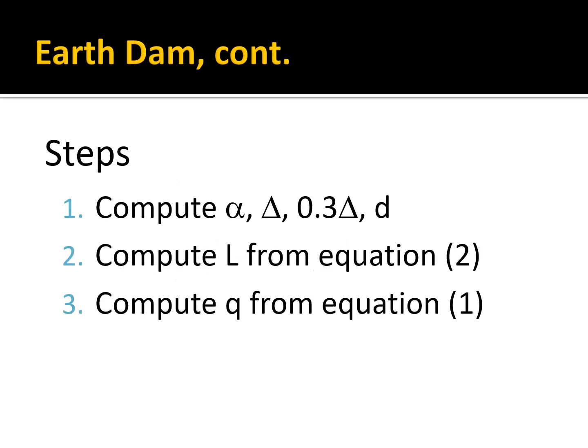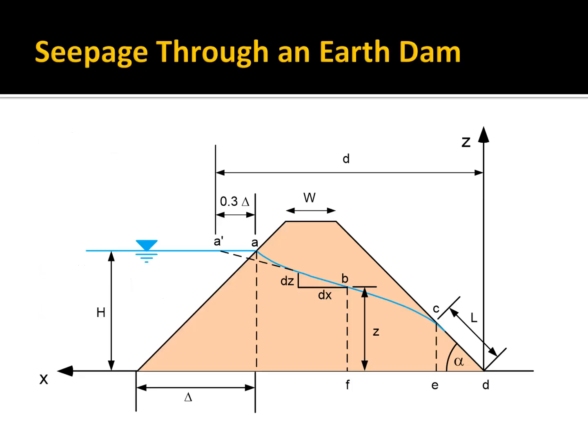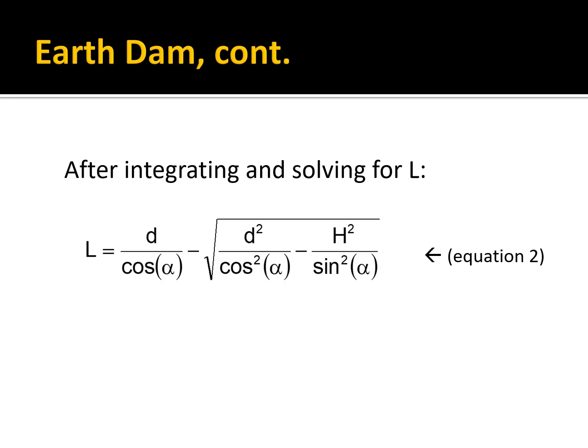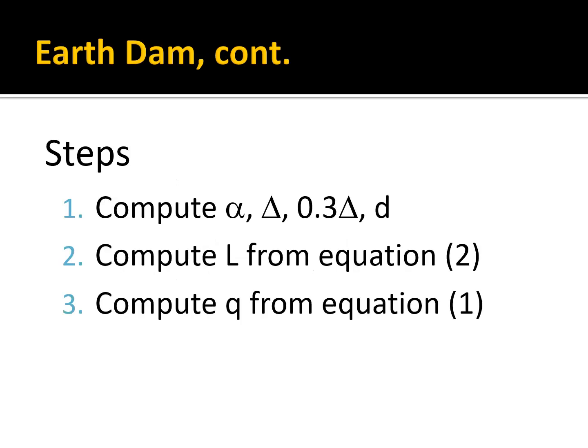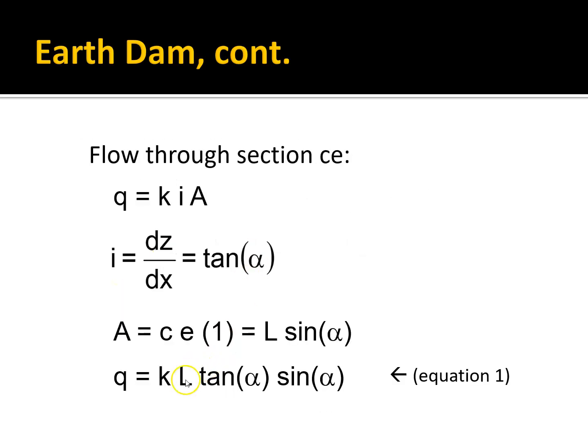To solve for this, you have to compute alpha, delta, 0.3 delta, and D, because we have to plug D into this equation. Now remember, D is this whole distance right here. We compute L from equation 2, and then we plug that into equation 1. So once we get L from equation 2, we go back to equation 1, plug in L, and we get Q.